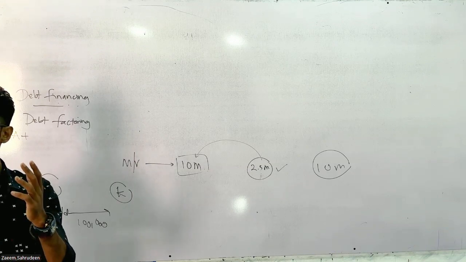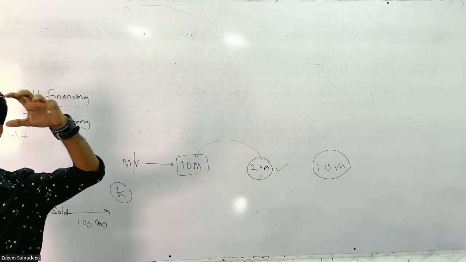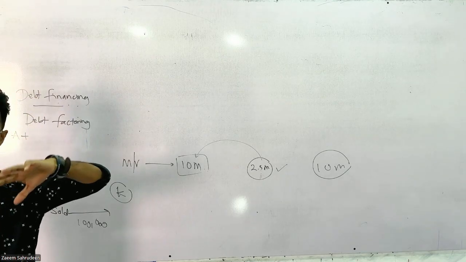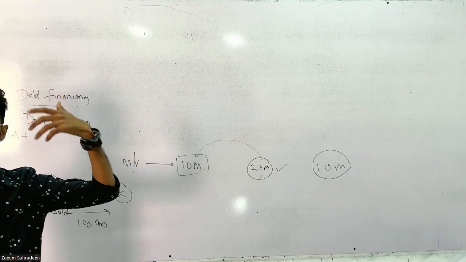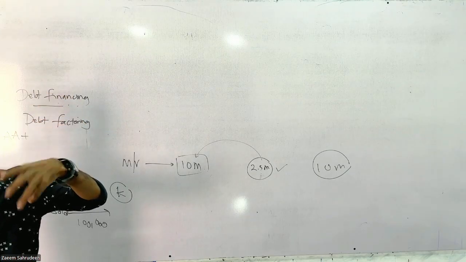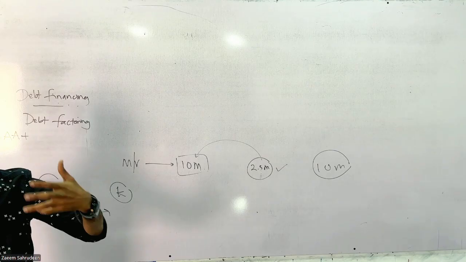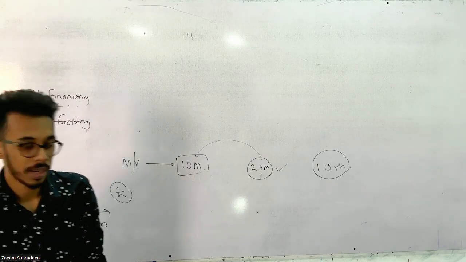So who does this? These are independent institutes. These independent institutes decide whether this company, this country, or this particular debt instrument is good or bad.